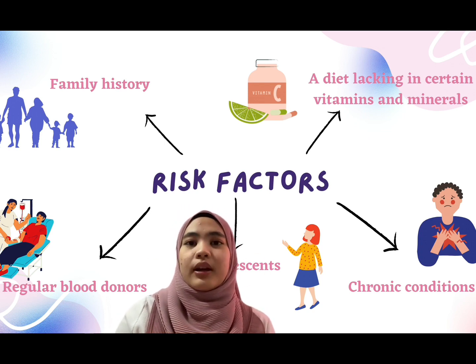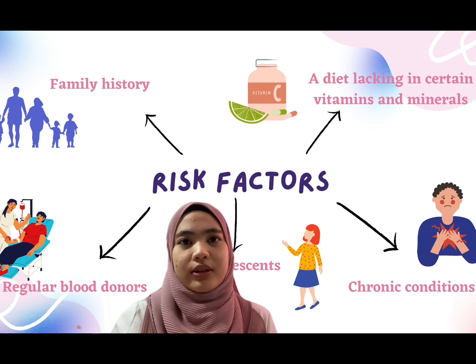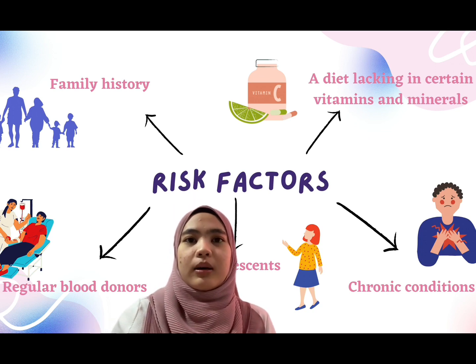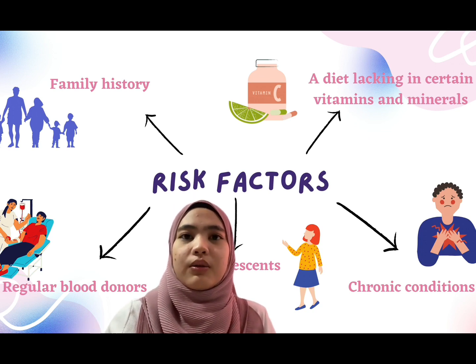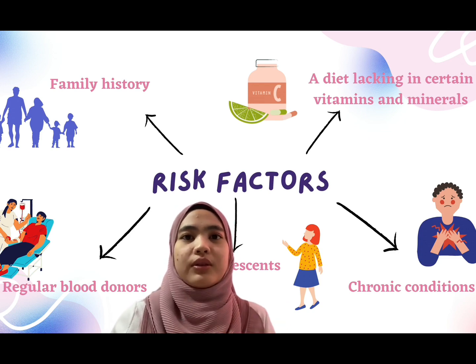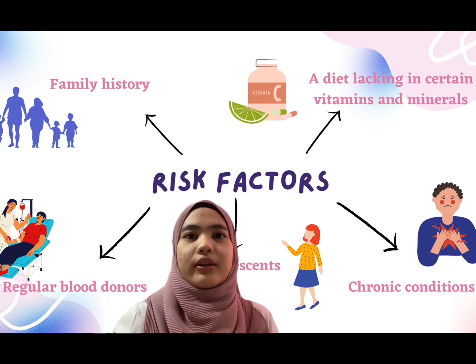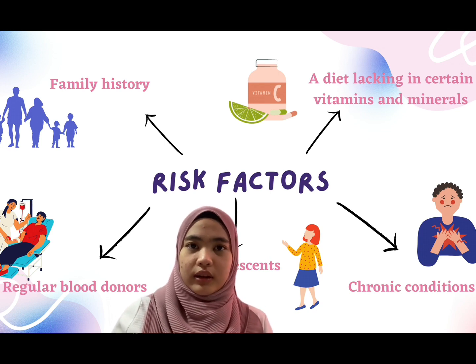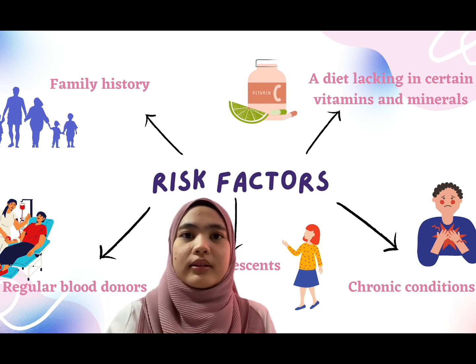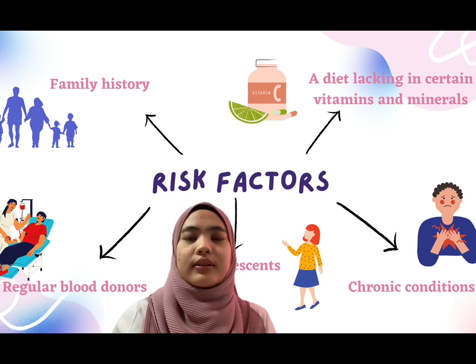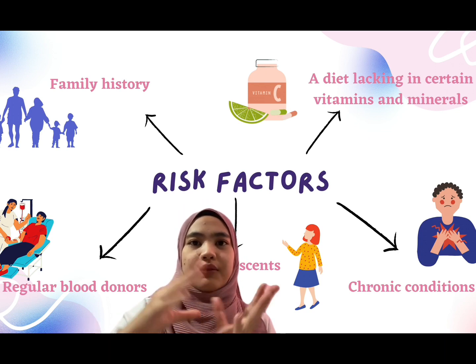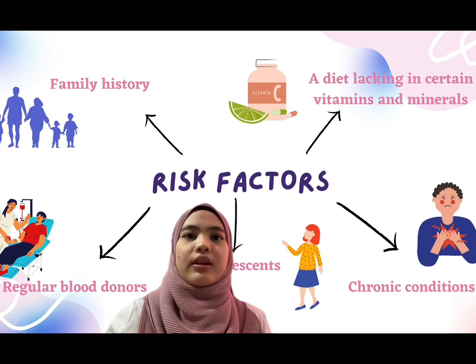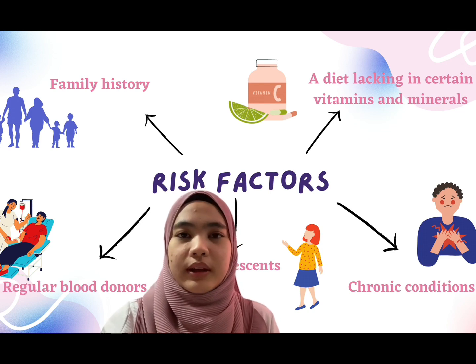Next is chronic conditions such as autoimmune diseases. Regular blood donors. Basically, regular blood donors will often lose their iron, so they have iron deficiency later on in their life. Next is adolescents, especially female adolescents, because they have a menstrual cycle.